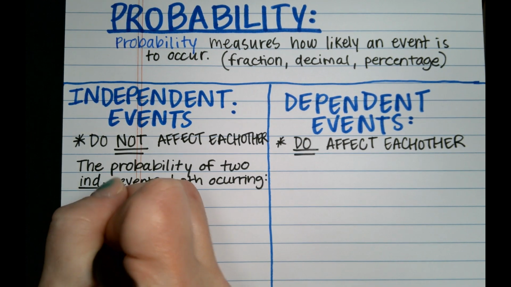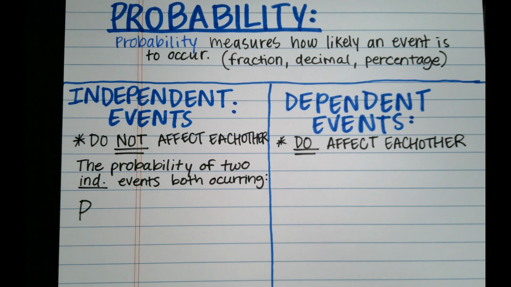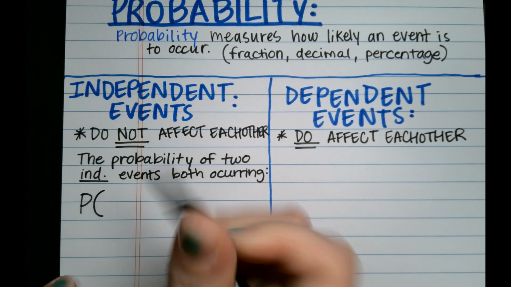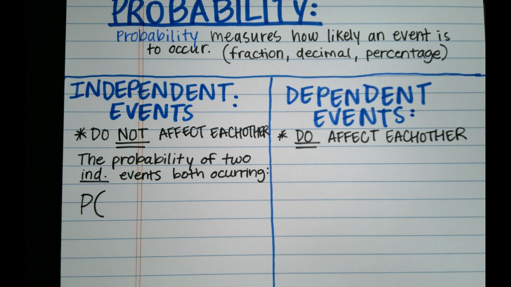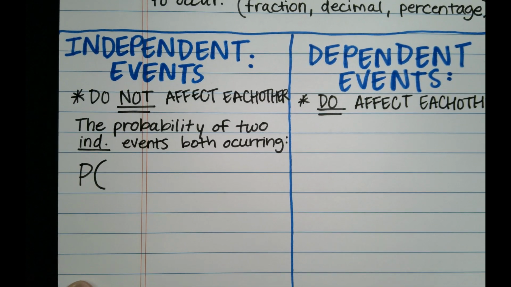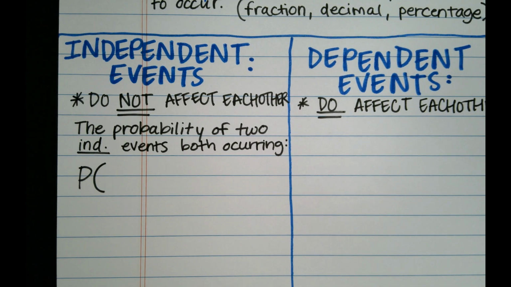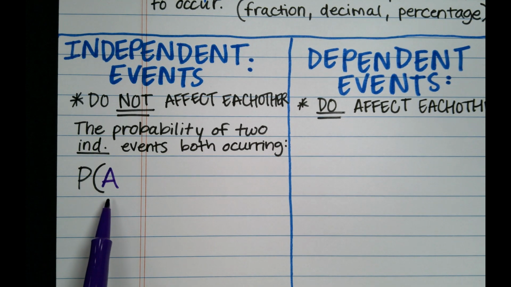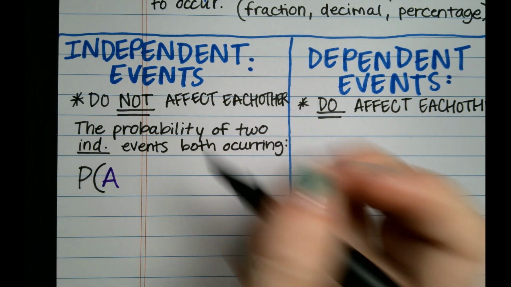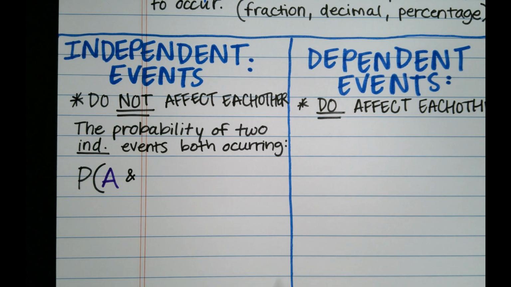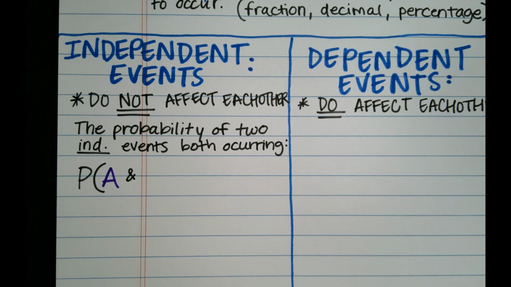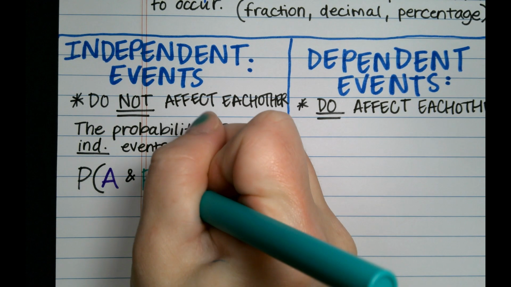For probability, we would start with a P. P for probability. And then I'm going to put a parenthesis here. The probability of event A, and that's just my and sign, event B, I'll use a separate color.